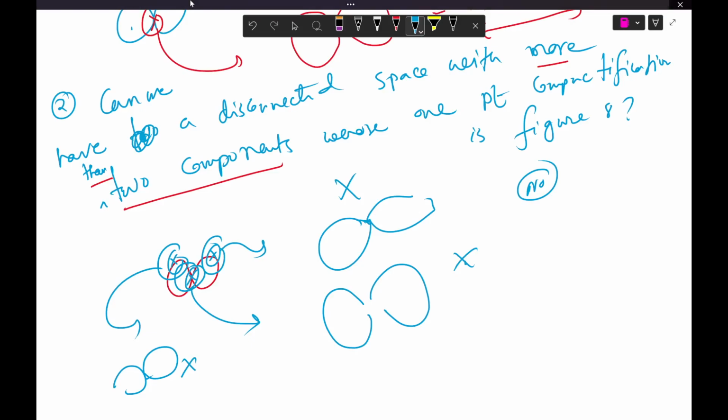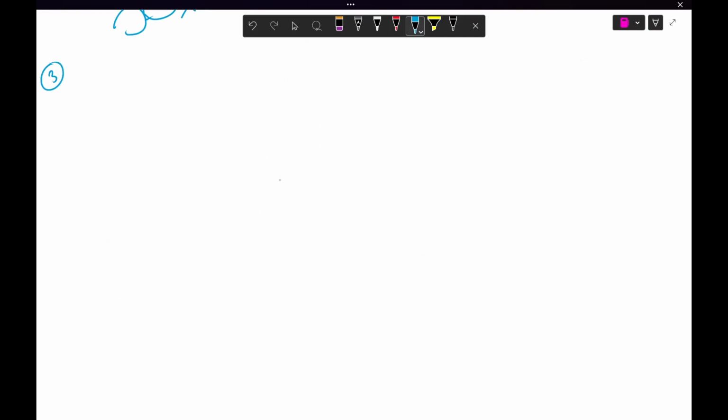Yeah. So the next problem. Okay, let us think first. Give an example of a space which is Hausdorff but not regular.